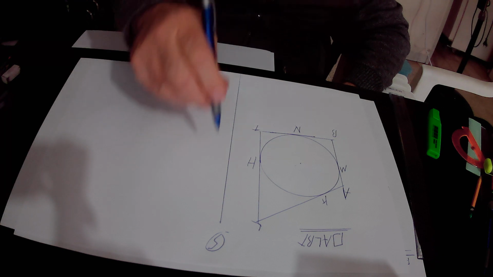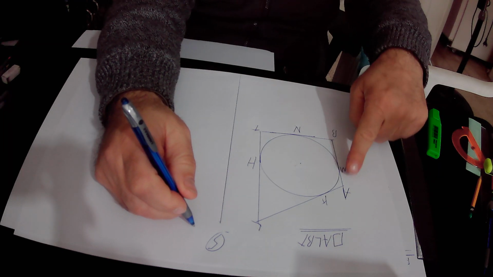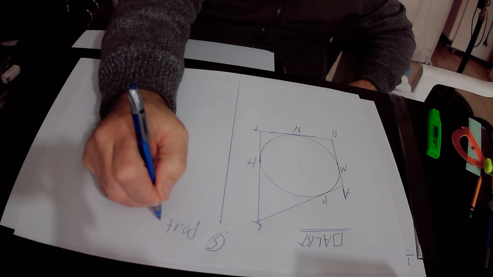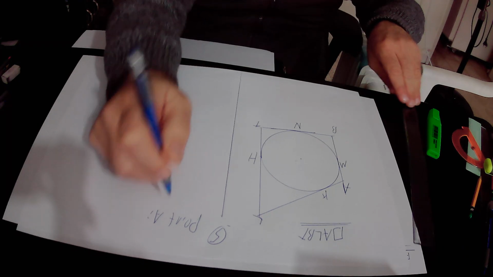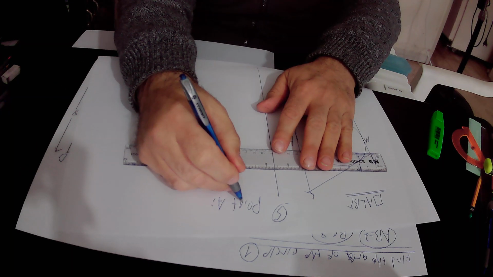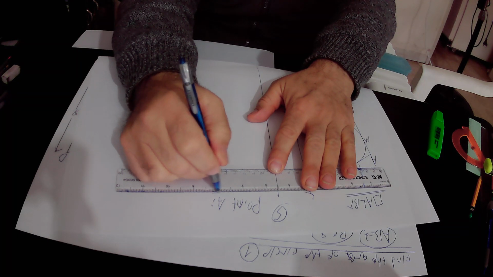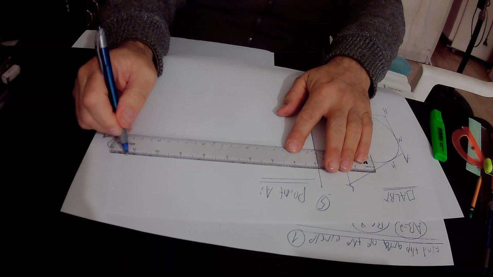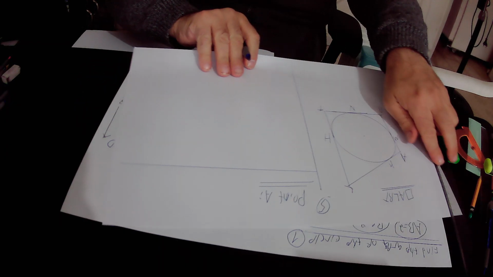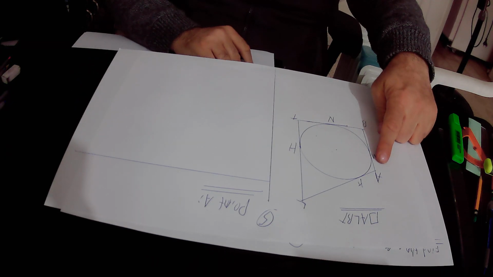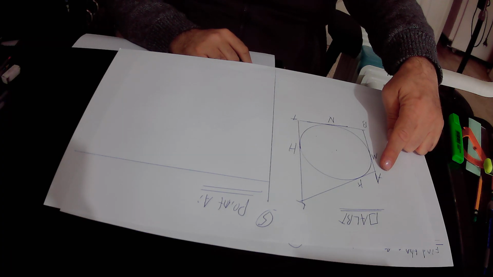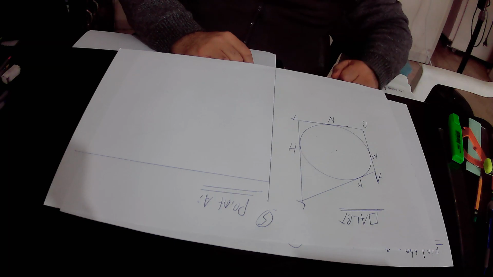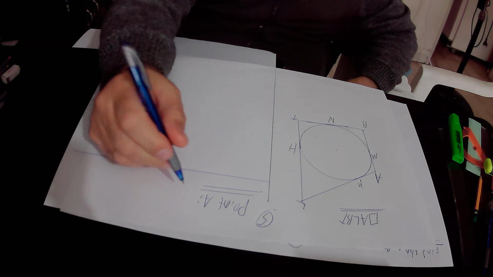Because if we focus on the common external point, point A, from the common external point, point A, we have two tangents to this circle, tangent AM and tangent AK. According to rule 2, they are equal to each other.